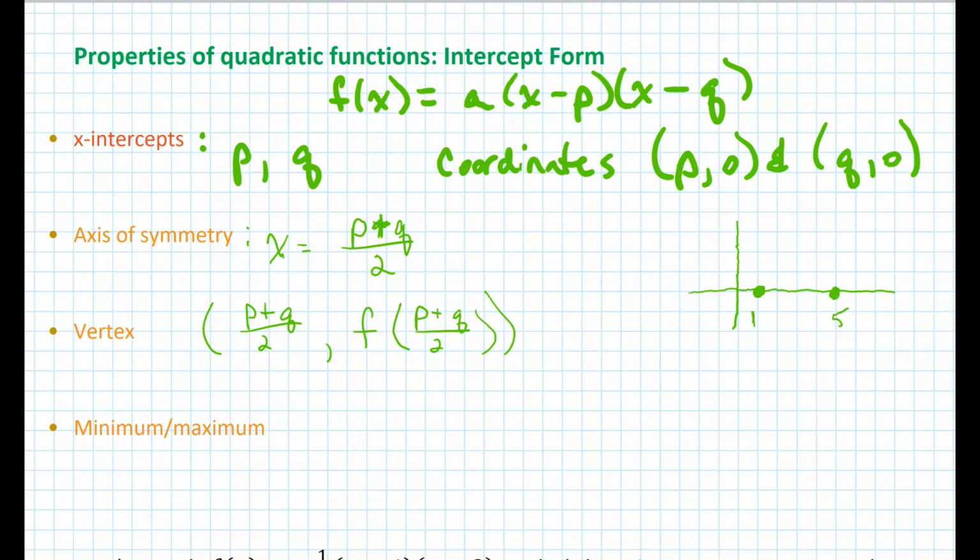Do the same rules for max and min apply? Yes, same rules. If a is greater than 0, it opens up, and we have a min. If a is less than 0, it opens down, and we get a max.